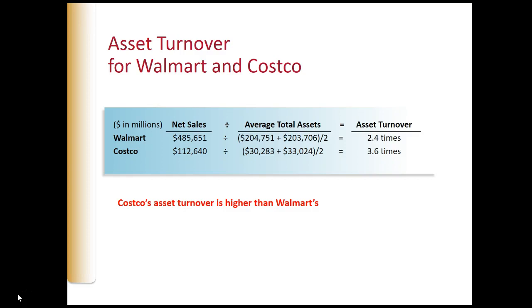These accounting ratios support our expectations regarding the business strategies Walmart and Costco are pursuing. So to maximize profitability, a company ideally strives to increase both net income per dollar of sales, which would be profit margin, and sales per dollar of assets invested, which would be asset turnover.